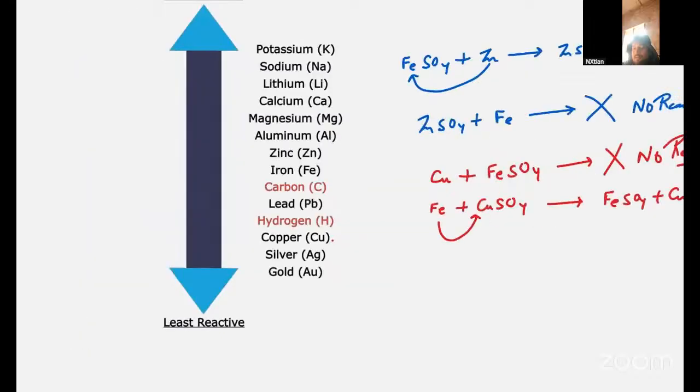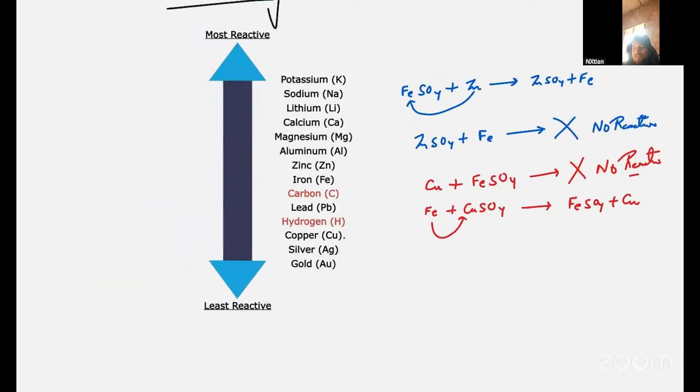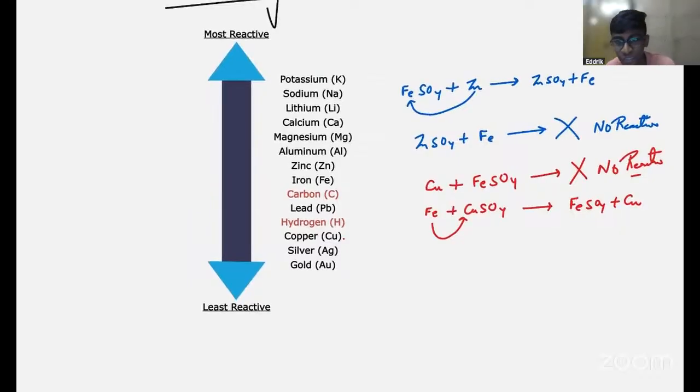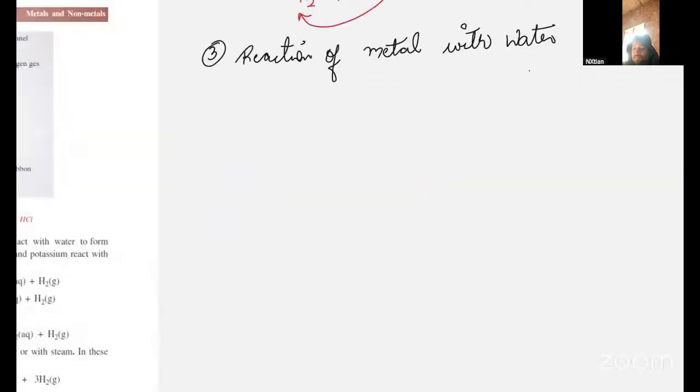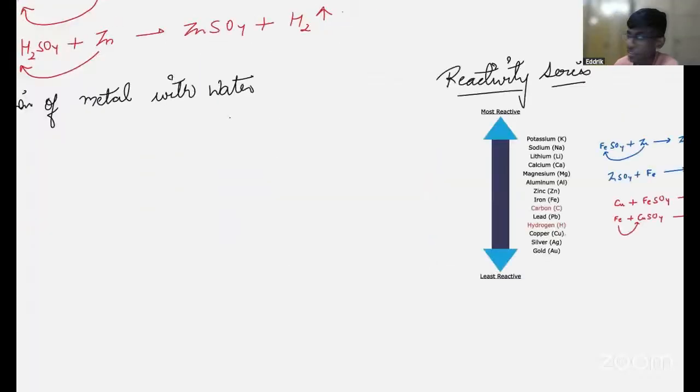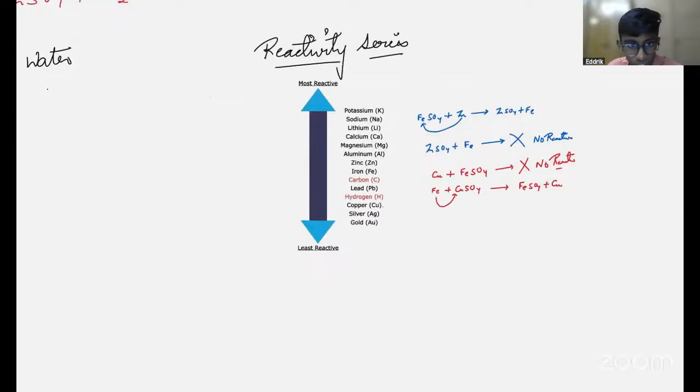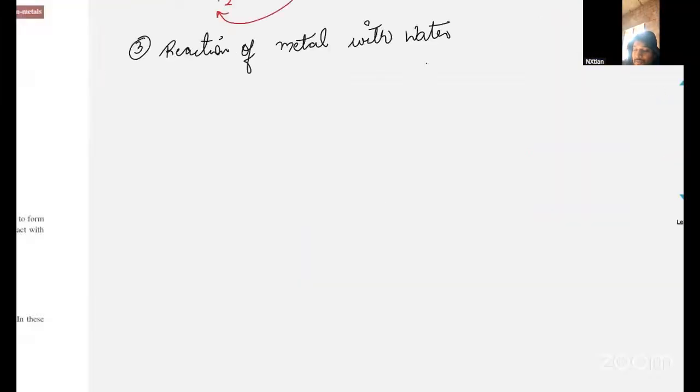It's a pure metal, there's no solution in it. So if a non-reactive metal has a salt solution and you want to get only the metal, then you can use a more reactive metal to displace it.